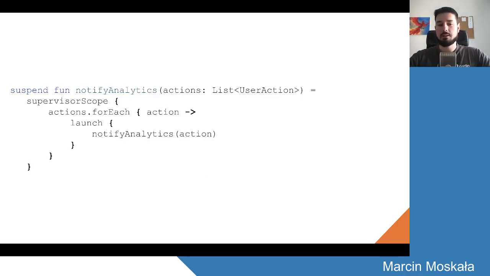Another thing is that, as I mentioned, when in coroutine scope one child has an exception, all the others are cancelled too. If you want to stop this mechanism, if you want your children to be independent, for example when you start independent tasks, you can use supervisor scope, and now you start many launches, but an exception in one launch will not influence the others.